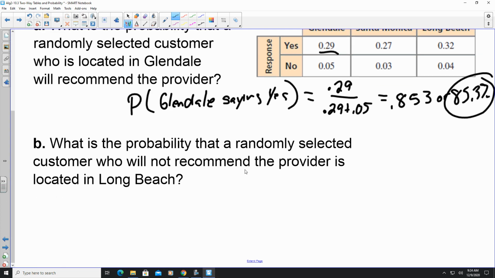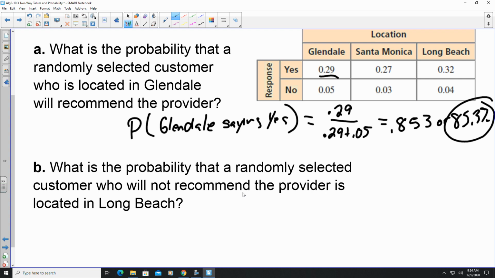All right, here it says, what is the probability that a randomly selected customer who will not recommend the provider is located in Long Beach? So it would be no, and also from Long Beach. In the numerator, where it says no in Long Beach, is 0.04.